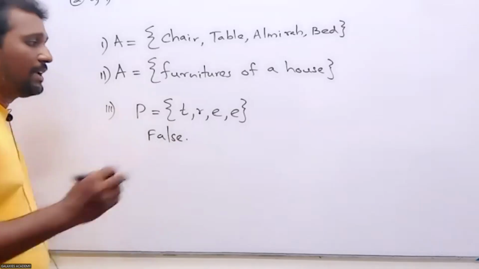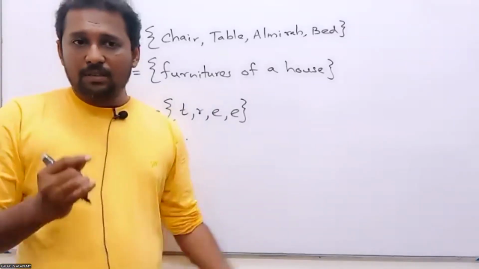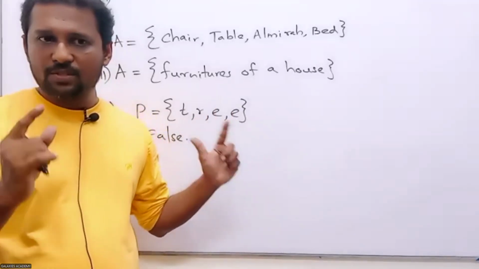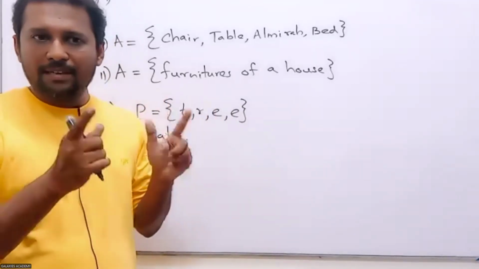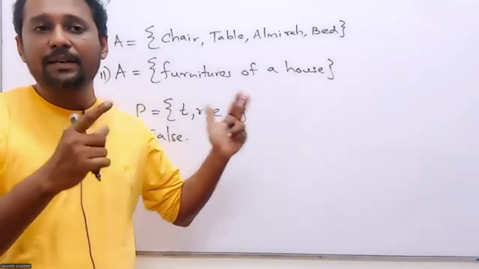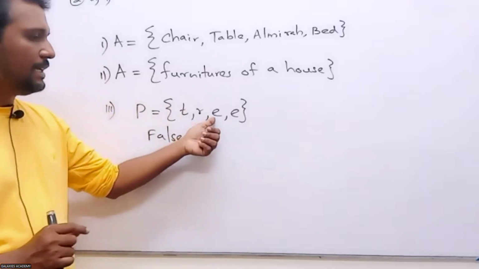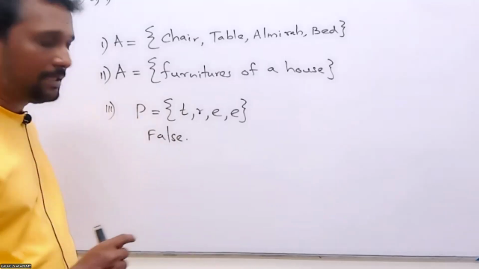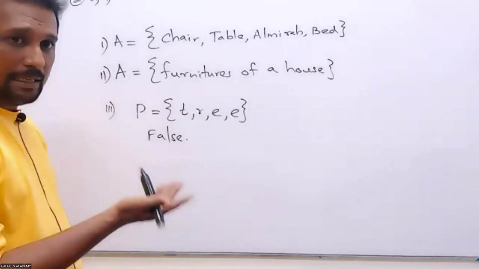False. Why? What's the reason? This is the list of elements method, no? If you use the list of elements method, one element you can write only once. You can't write repeated elements. You can see here, E is written 2 times, right? It is the reason. It is the incorrect method.